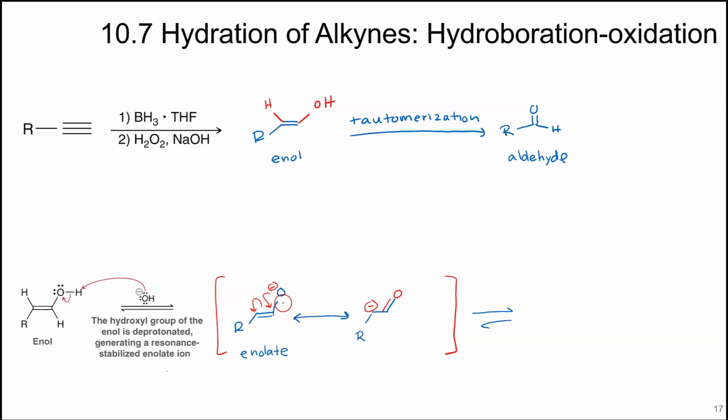The minus tells us there's a negative charge there. And then we have water floating around, and we do another proton transfer. So with the hydroboration and an alkyne, we get an aldehyde. And that is the anti-Markovnikov product.